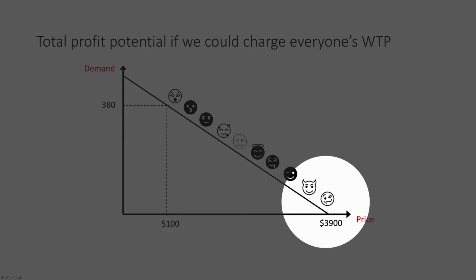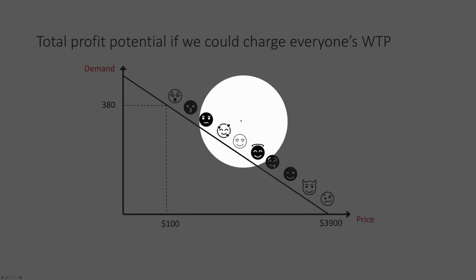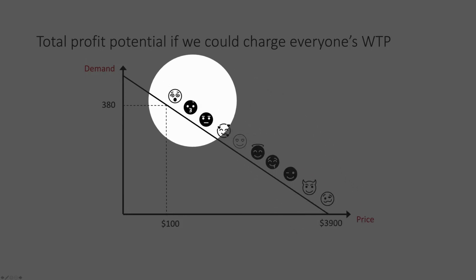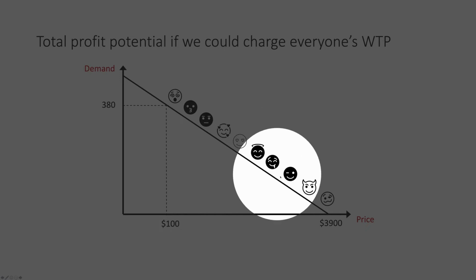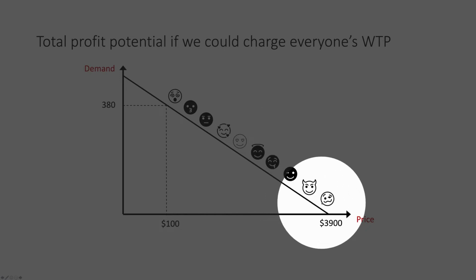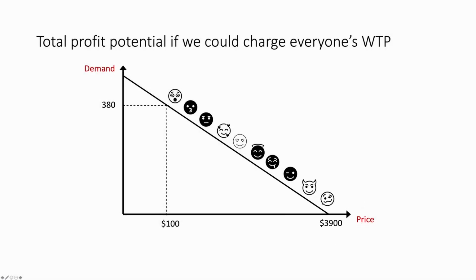At the end, the customer with the highest willingness to pay, we charge $3,900, or right below $3,900. Each price is set at the customer's willingness to pay. If that's the case, what is the total profit potential for this demand curve? By now, you probably have figured out the total potential is actually the size of this triangle.